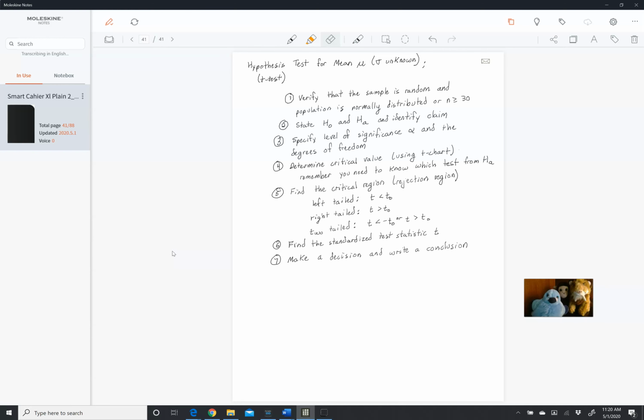Okay, our decision is whether or not we reject the null hypothesis. And our conclusion is what we're saying about the claim.